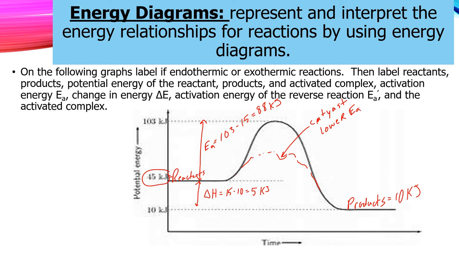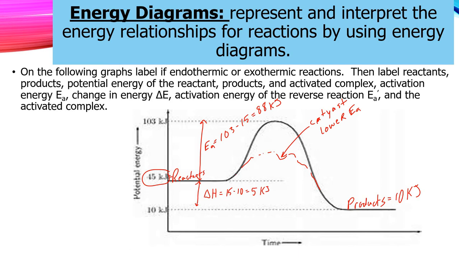It might not speed up, usually it does because it takes less energy, but it doesn't necessarily. But it does lower the amount of energy that's needed. That's what our enzymes do in our body. If we didn't have enzymes or catalysts in our body, we wouldn't be able to function, because it would take too much energy to do all the chemical reactions that we need in our body.